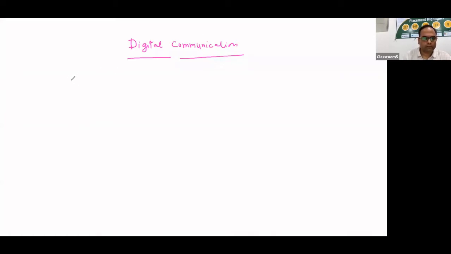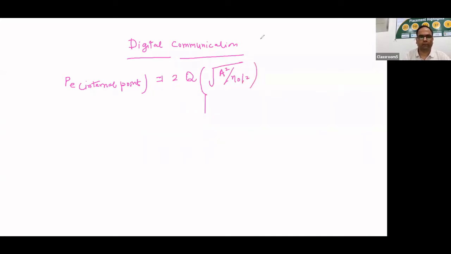So in the last class, we have calculated the probability of error for internal points, and the formula was 2 times Q function of under root A square upon N naught by 2.